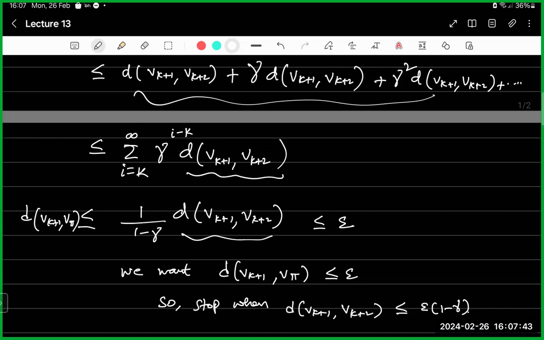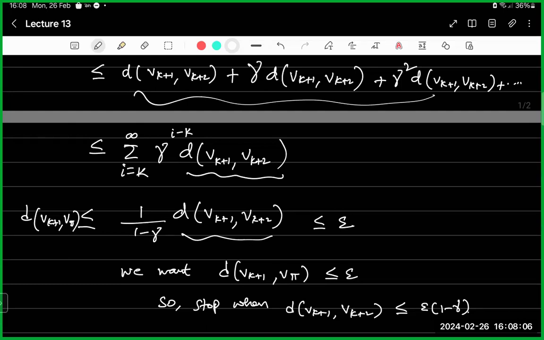In some examples, maybe after a few iterations, you might see vk plus 1 equal to vk. Then you can stop, right? But let's say vk plus 1 is not equal to vk. How do you decide whether to stop there or not? Because you can only measure the distance between vk plus 1 and vk. You cannot tell what will be the difference between vk plus 1 and v pi. That's what you care about, right?